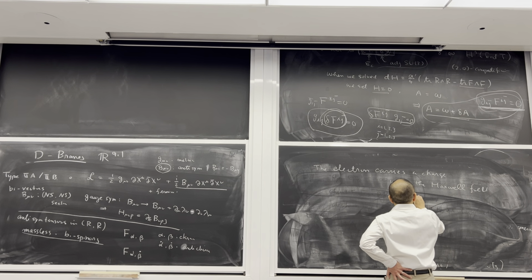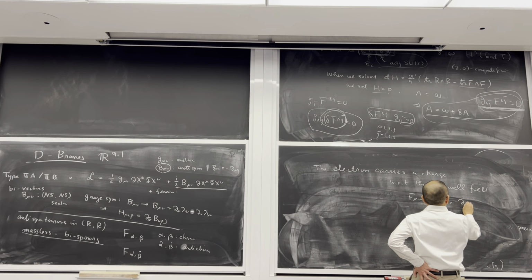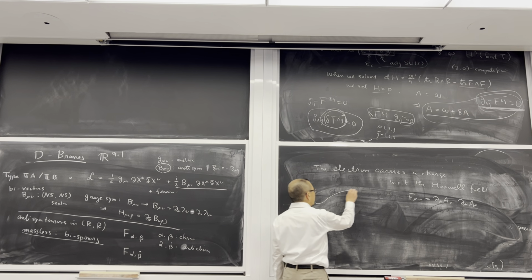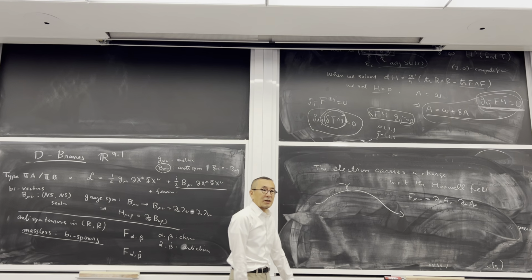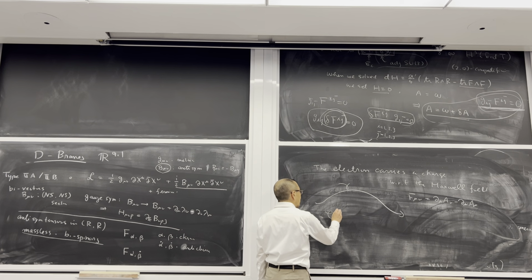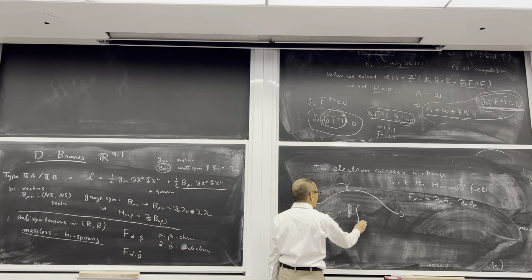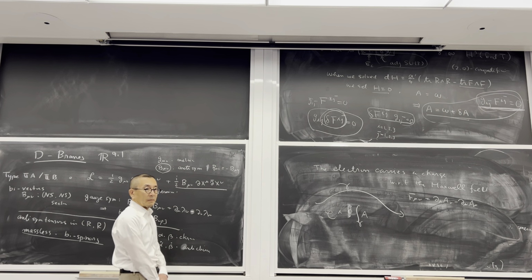The gauge potential for Maxwell theory is a one-form. Being a one-form, if you have an electron moving in space-time along some trajectory, you can naturally define this object: the electric charge times the gauge field integrated over the path.